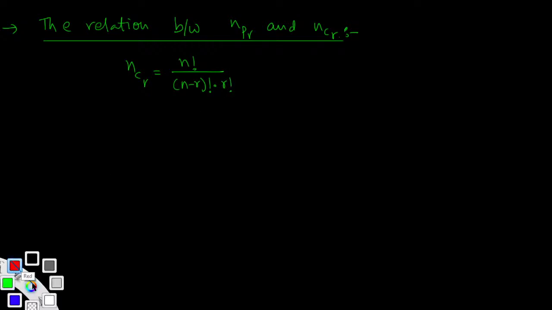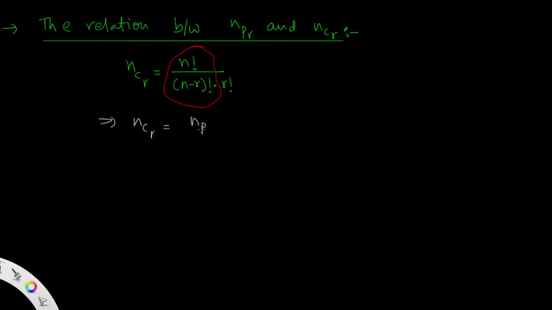But we have to write this total value as nPr. So nCr equal to nPr by r factorial. Sending this r factorial to this side, the value becomes nPr. Therefore nPr by nCr equal to r factorial.